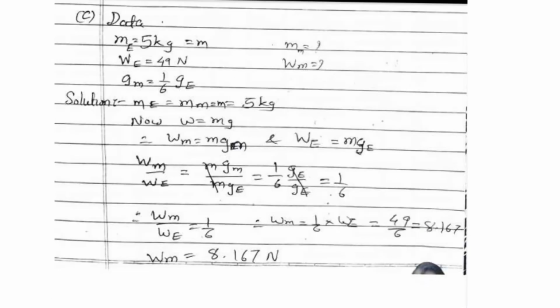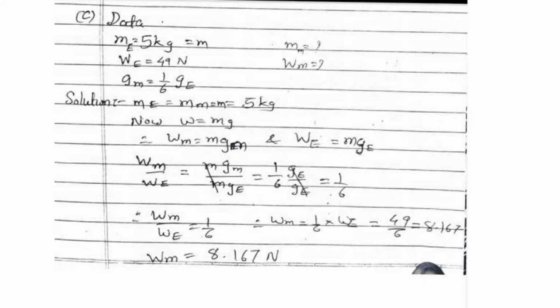So ME I will be writing, which is M, which is 5 kg. Remember that mass doesn't change, right? Mass, whatever I am having on the earth, same will be there on moon. So ME or MM is equal to M only. So I may not use different suffix for the mass, as it is a universal constant thing.